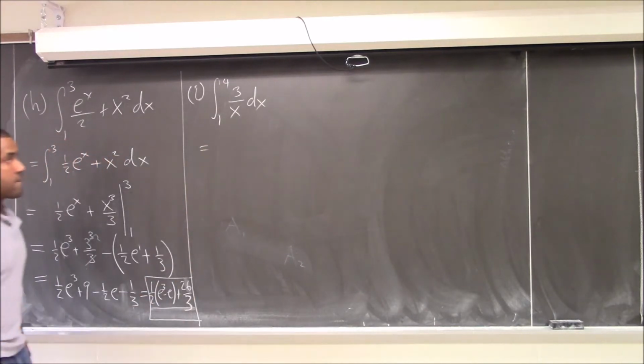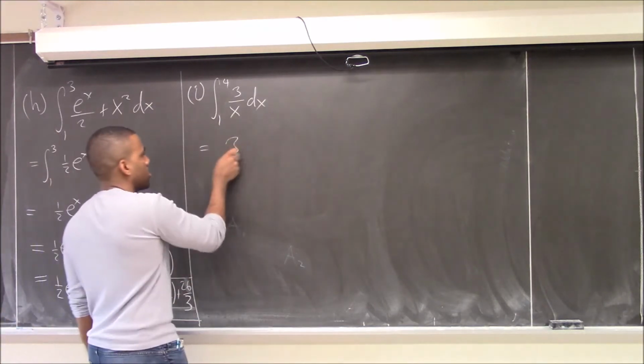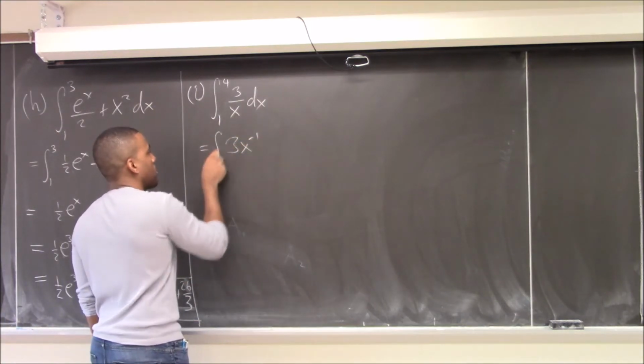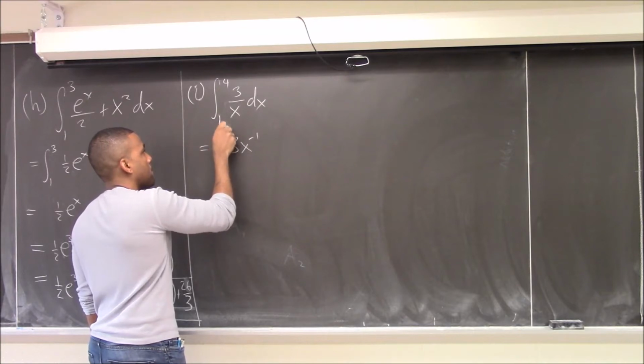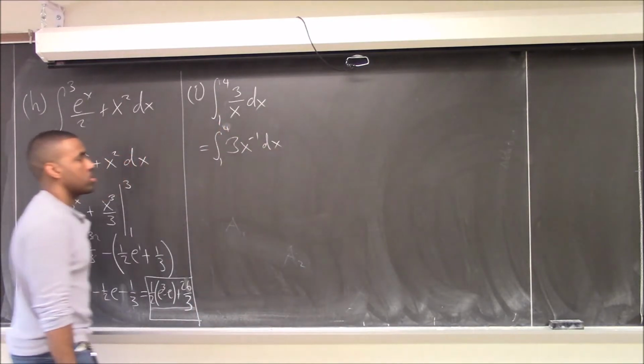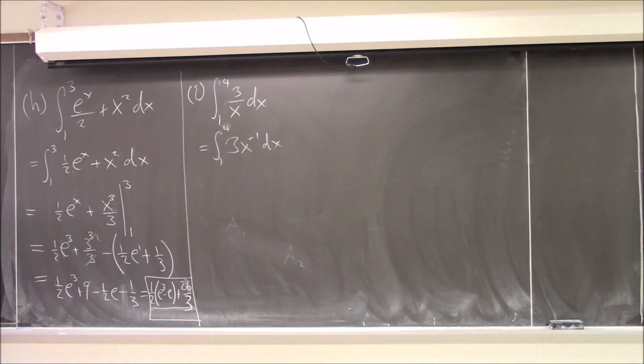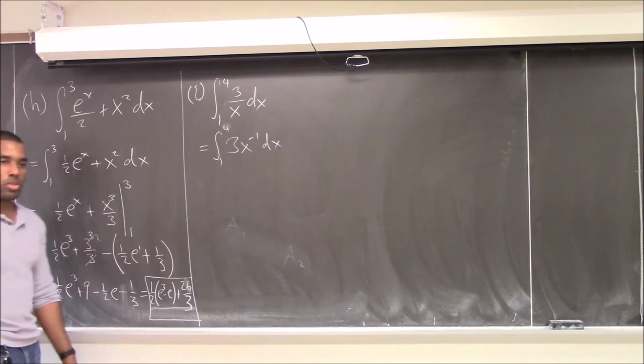What about this one? Can you bring up the x? Sure. So I know I can't use the power rule because the power rule doesn't work for exponent equals minus 1.